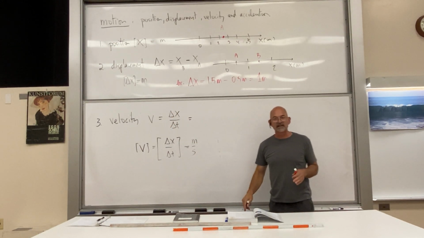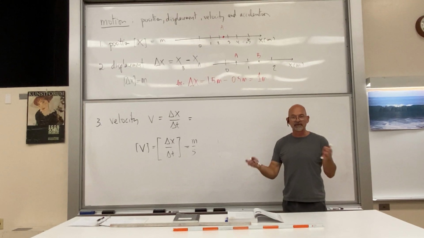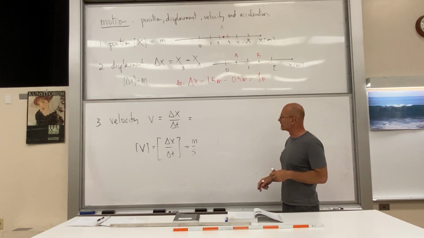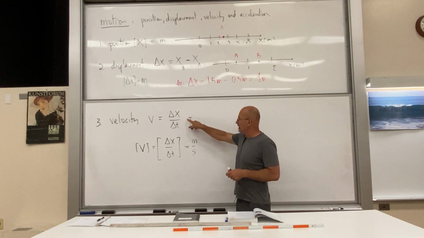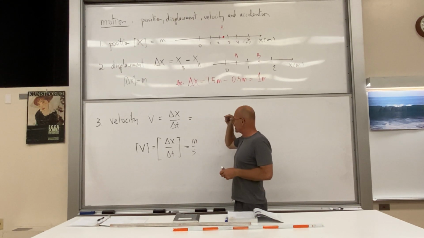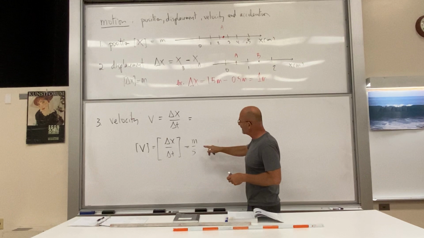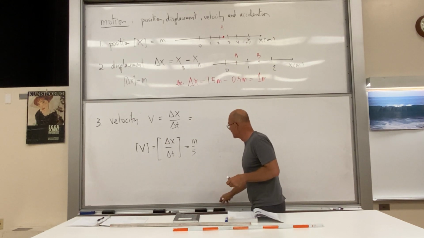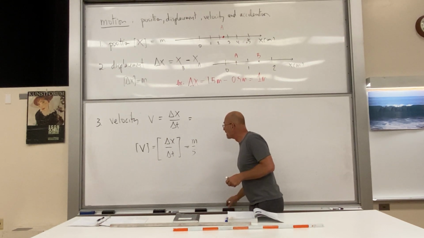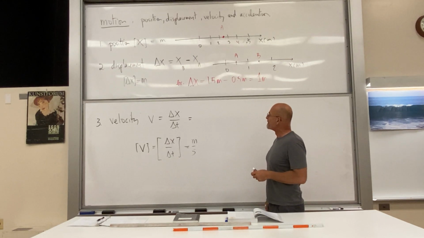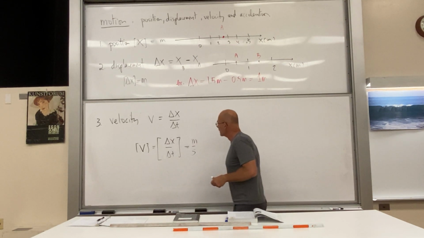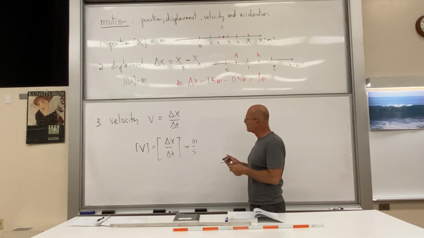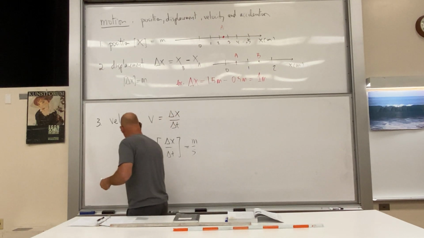This is not actually a calculus-based course, but I know a lot of people have had calculus. So that's the idea here as well. It could be a derivative, or it just could be a difference quotient. In either case, the units are meters per second, displacement per time. Oh, let's give an example.